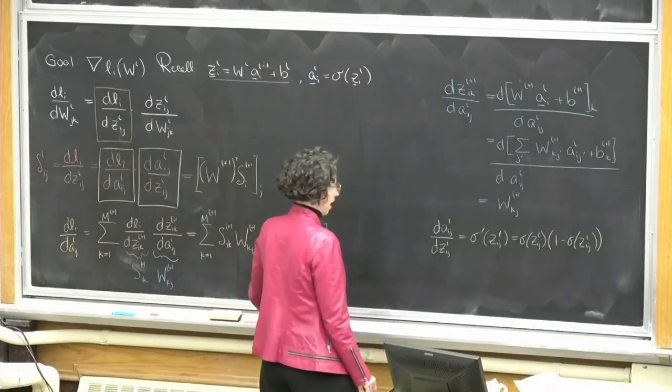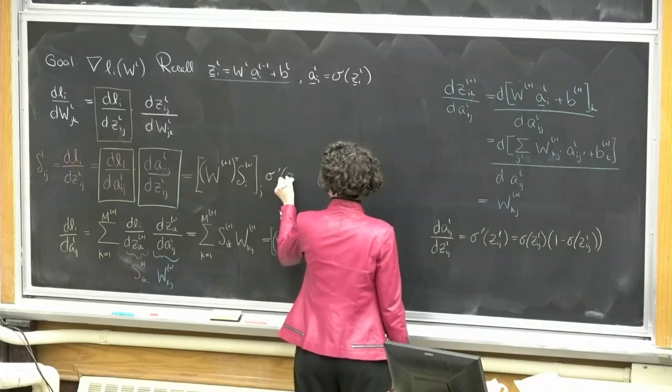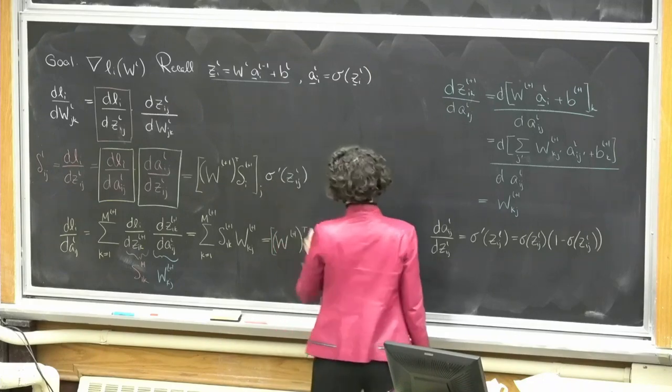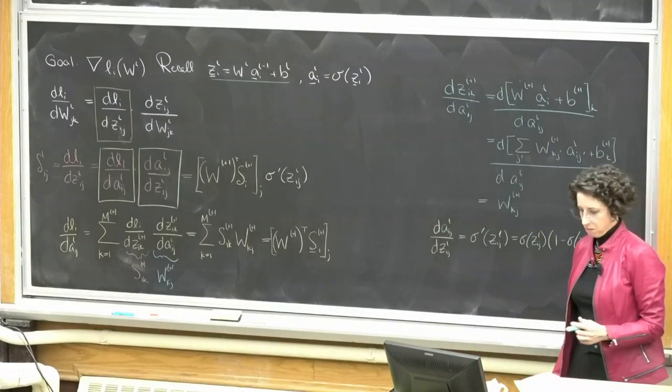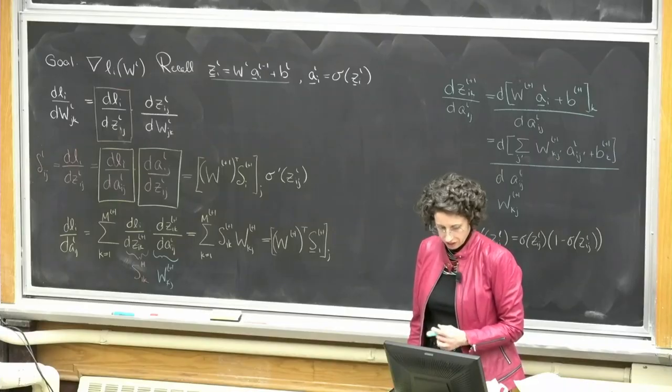And we multiply that by sigma prime of z_ij for layer l. So now we have this nice simple expression for our delta_ij^l.